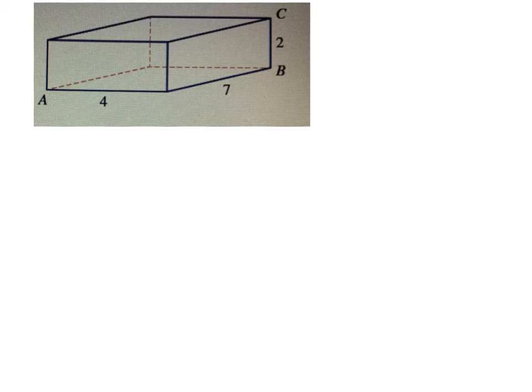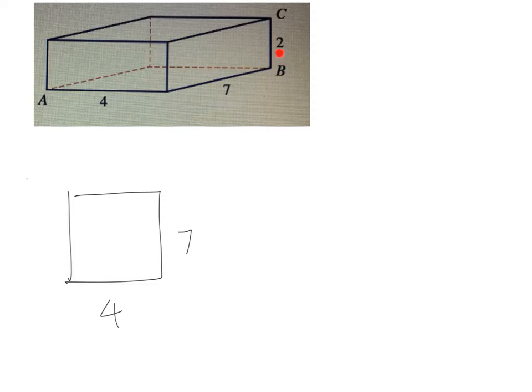If you have a look at this thing, you actually have a rectangle here at the bottom, which has measurements of 4 and 7. So what you're trying to do is find the distance between this and that there, and then go straight up.